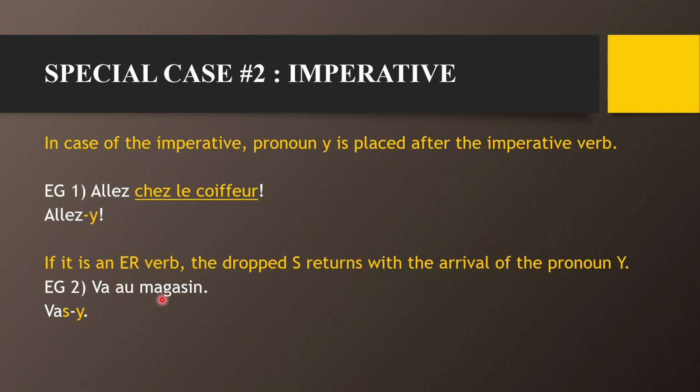So this au magasin can be replaced with Y because it is a place being introduced by à. And also since this is an imperative of an ER verb in the tu form, that is aller, the S comes back when you are replacing with the pronoun Y. So it is vas-y. Okay, the S also has to come back. Don't forget about the hyphen.